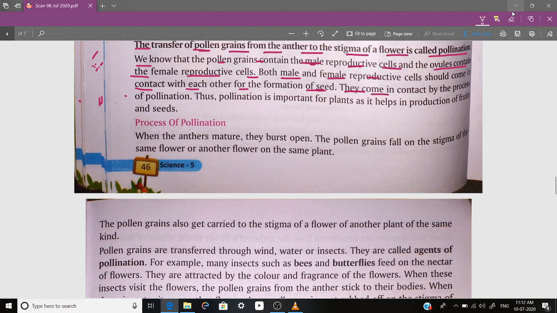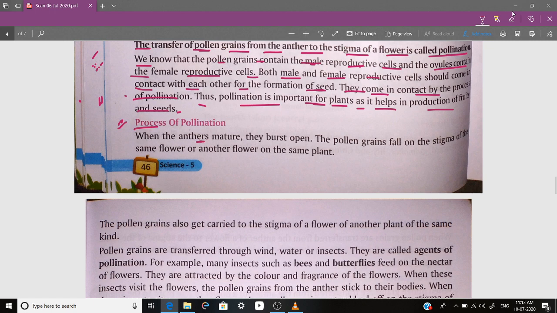They come in contact by the process of pollination. Thus, pollination is important for plants as it helps in the production of fruit and seed. Without pollination, any fruit or seed cannot be formed. Okay, now the process of pollination.